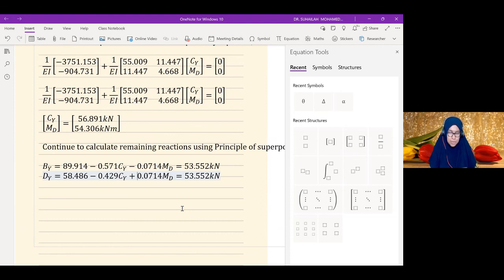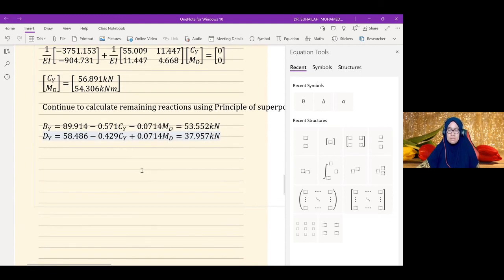Okay, we plus with 0.0714 times 54.306. So we get 37.957.